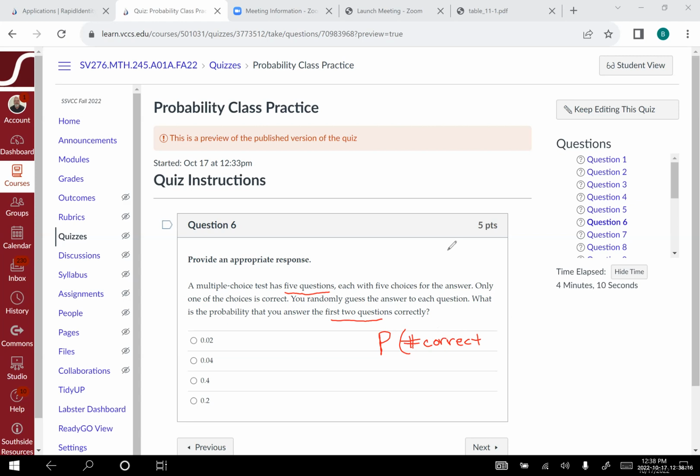I forgot to write the number in there. The first question correct, and followed by the second one correct.